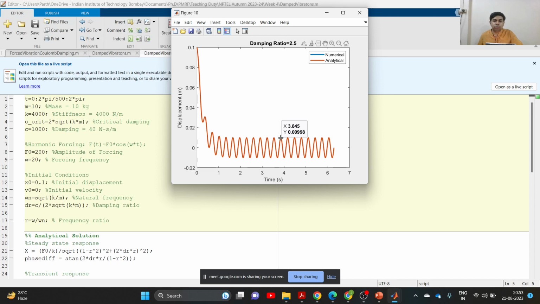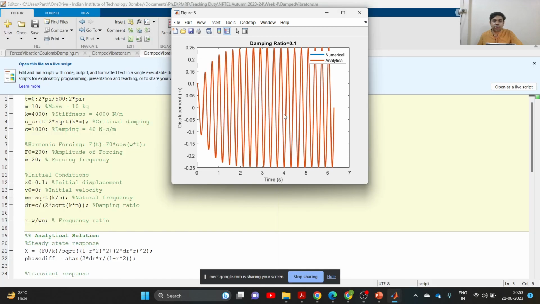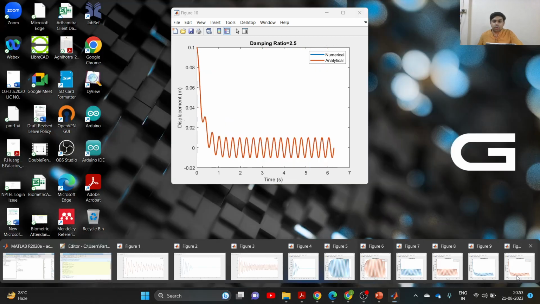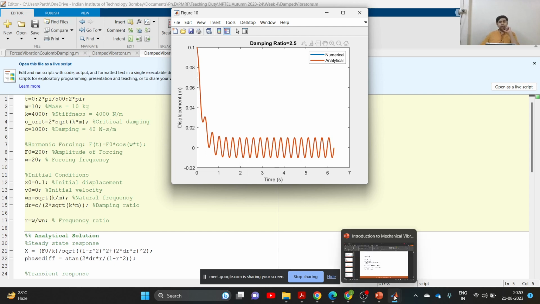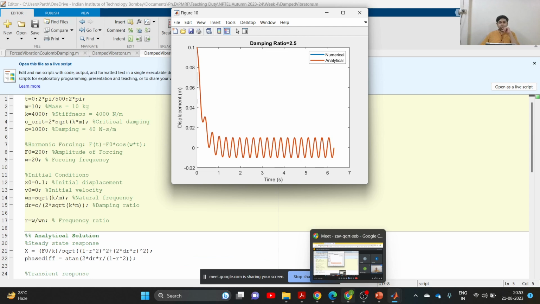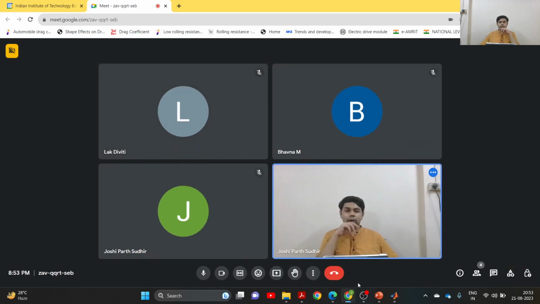It becomes about 0.01, whereas here the amplitude is about 0.25. So you can see how significantly the amplitude decreases because of the increase in damping. I just wanted to demonstrate how you can use MATLAB to solve simple vibration problems.